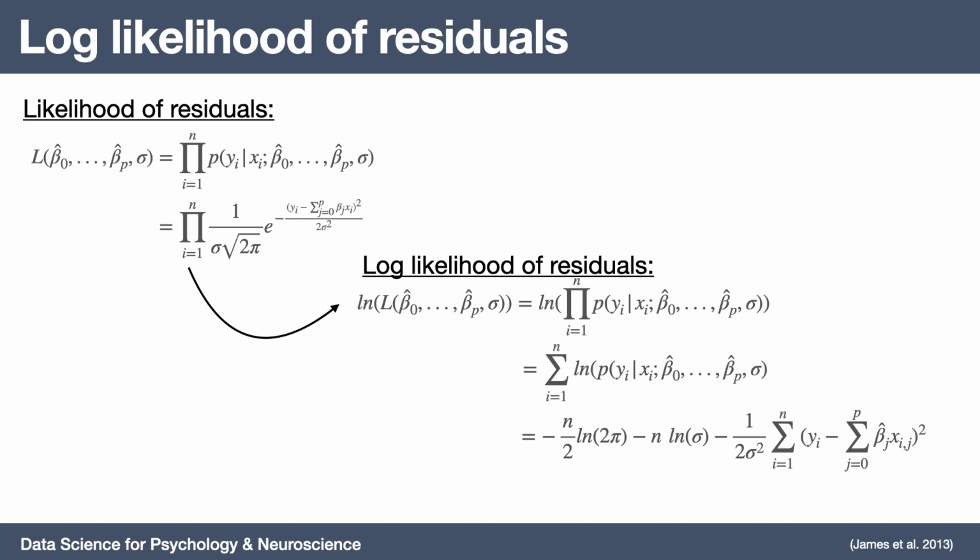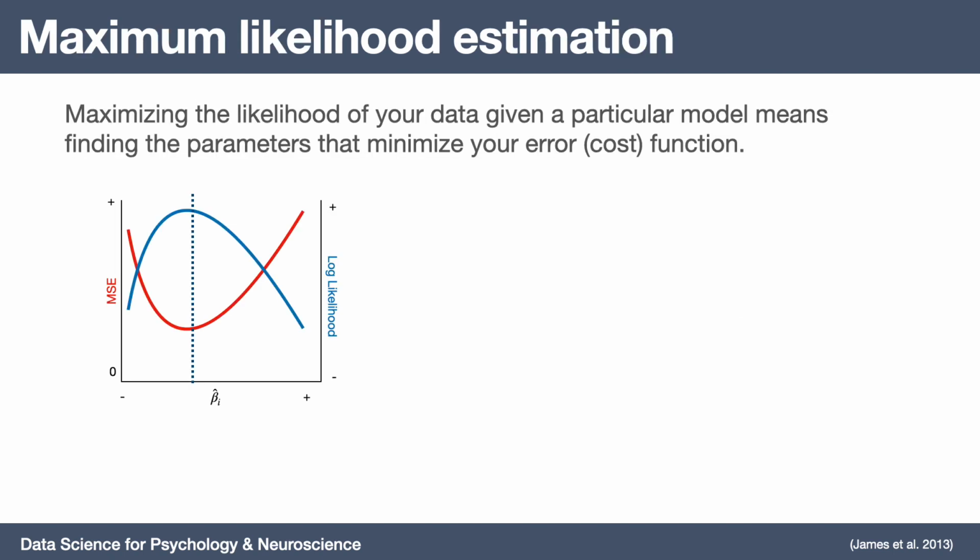Now the goal here with model fitting is to maximize this likelihood. You want to find the set of regression coefficients, all your betas, that maximize the likelihood of observing the data that you have, the y's that you have, given those terms. So maximizing the likelihood of your data given your particular model, or in this case, the fitted regression coefficients, means finding the parameters that minimize your error cost function.